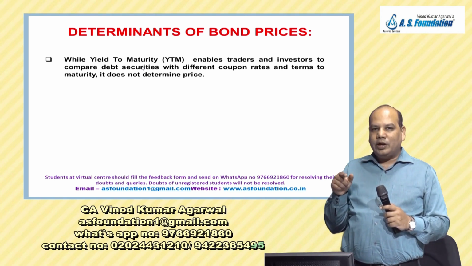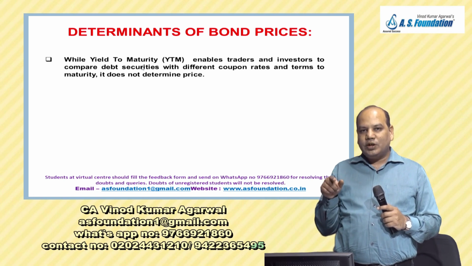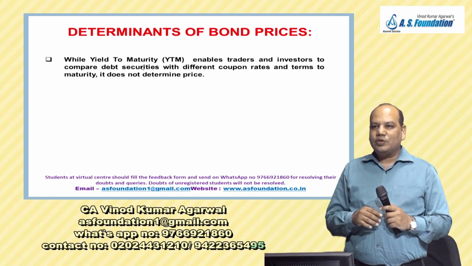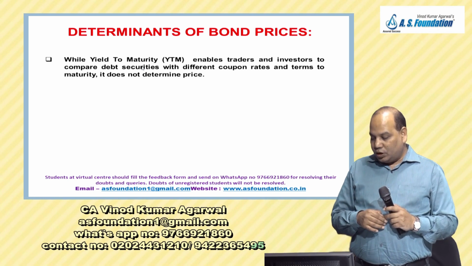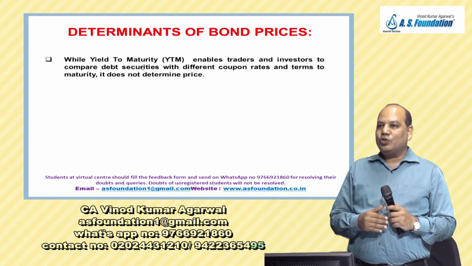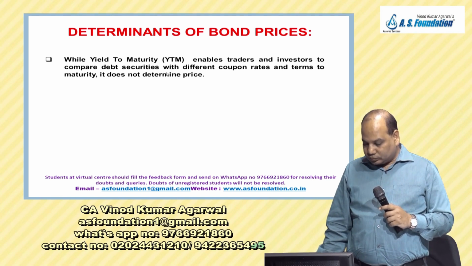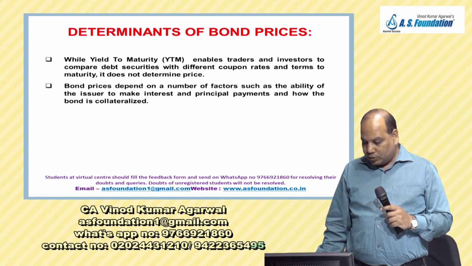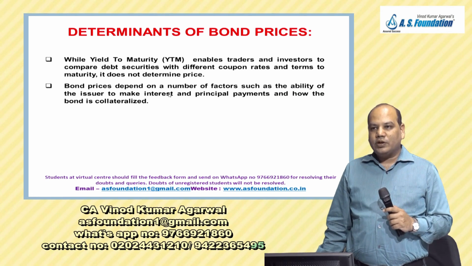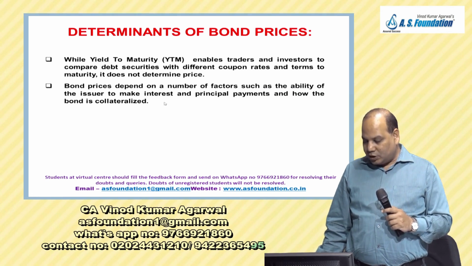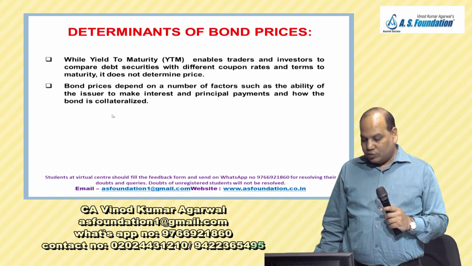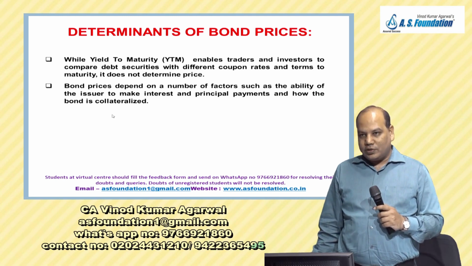If you are given required rate of return, use that as a discount rate and find out the bond price. If you are given the current market price, use that to find out the YTM. Bond price depends on a number of factors, such as the ability of the issuer to make interest and principal payment, and how the bond is collateralized.